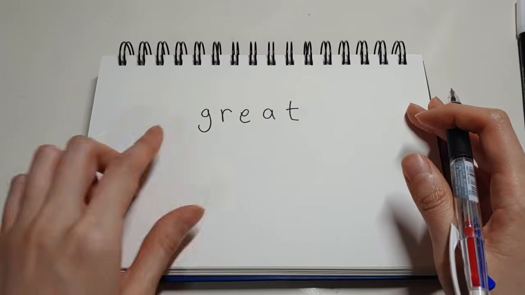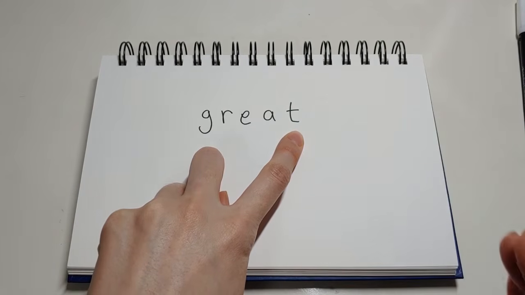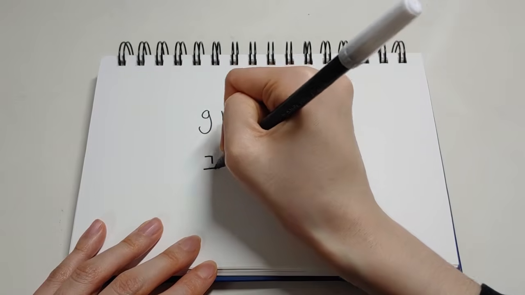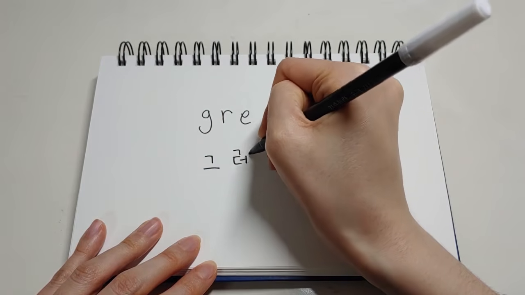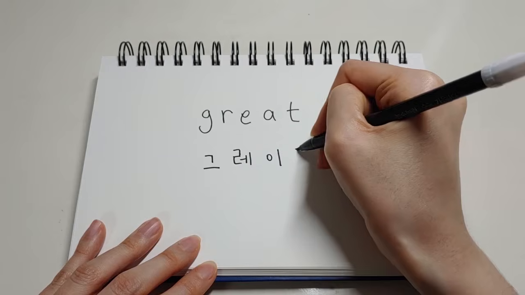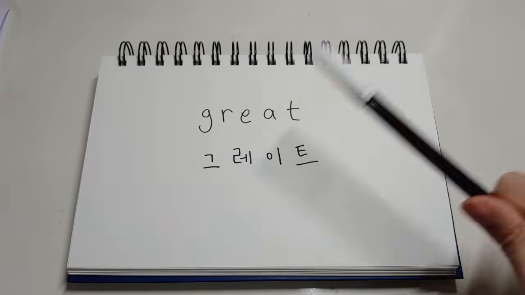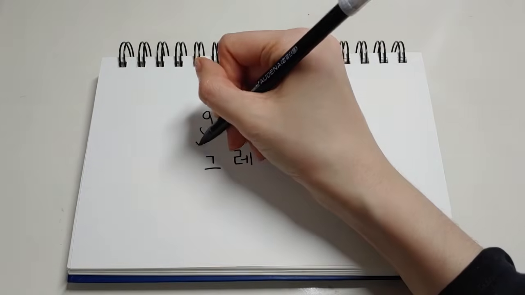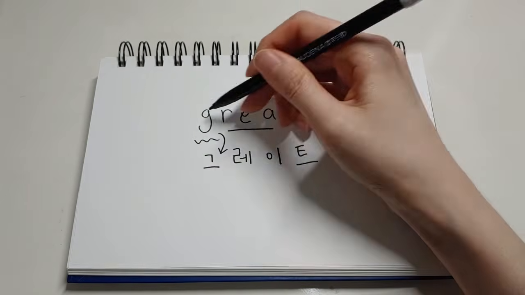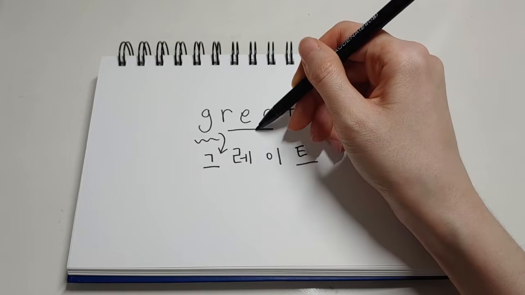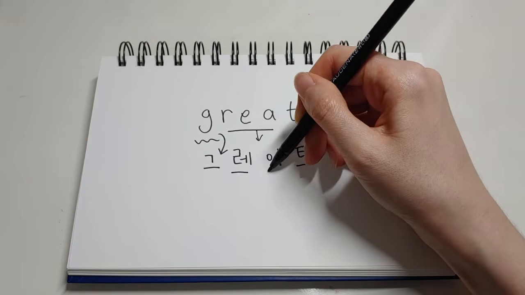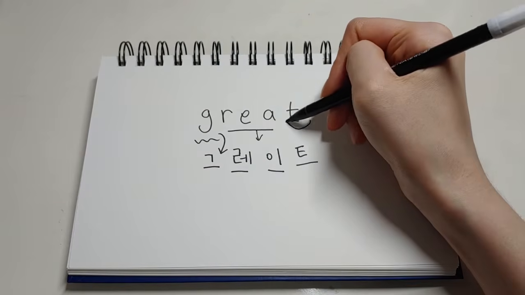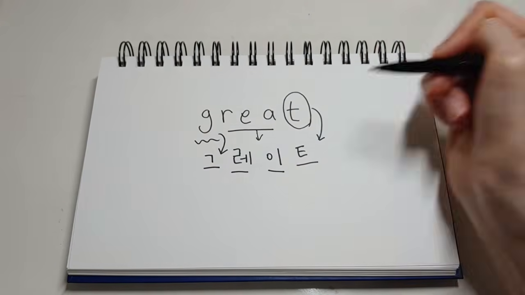Likewise with the word great, if you want to make it into a Koreanized pronunciation, it becomes 그, 레, 이, 트. Notice that we give a vowel form to that slight g sound at the beginning. That fast ray sound, 레, 이, is two syllables, 그레이, and that slight t sound at the end becomes another syllable.